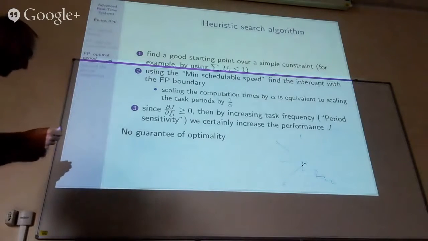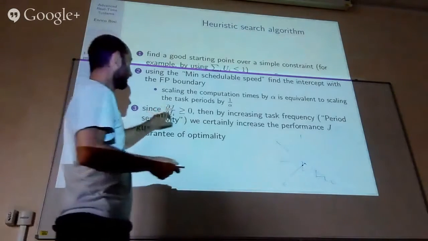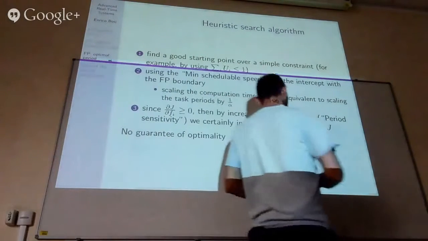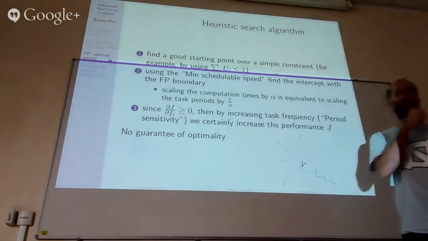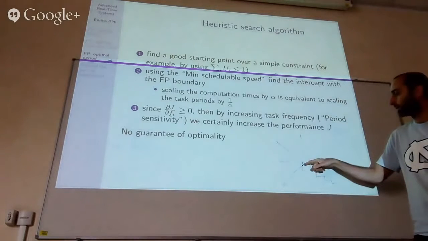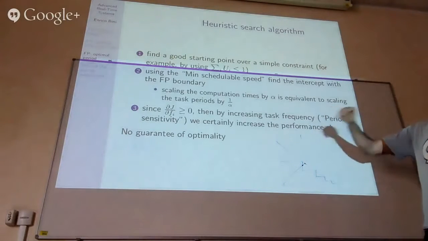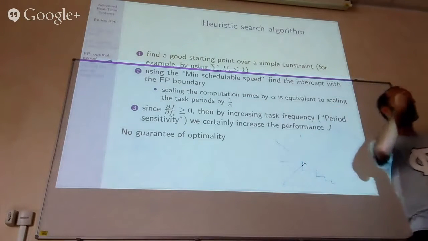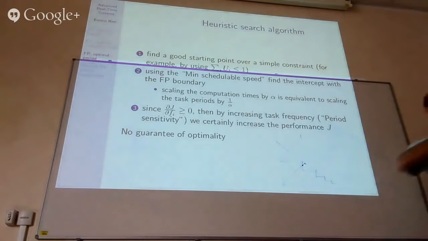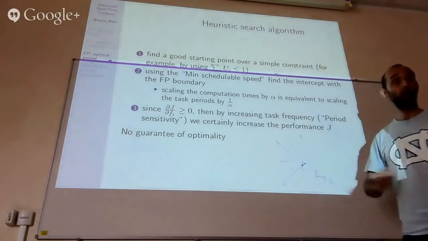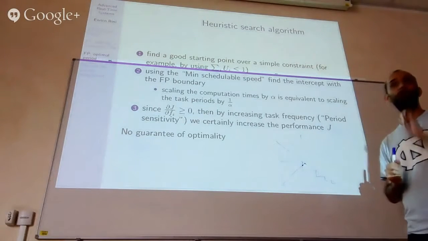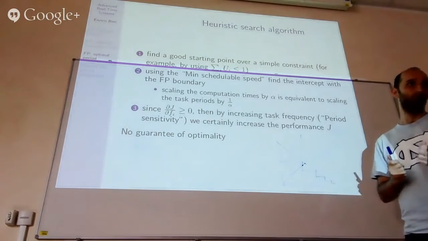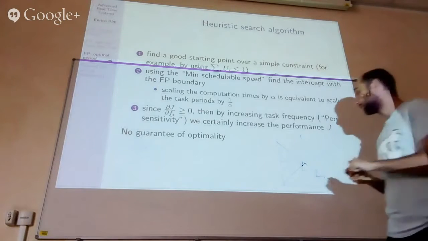Then, since we have this property that by increasing any frequency we can only increase the performance, by using the period sensitivity, that strange method that I explained in the last class, from this point we can search for what amount of period decrease or frequency increase is tolerable, keeping feasibility.